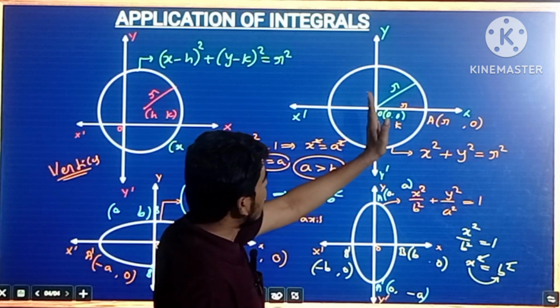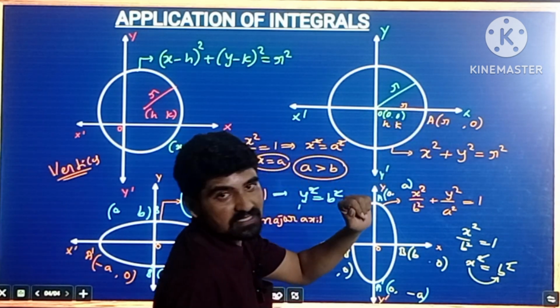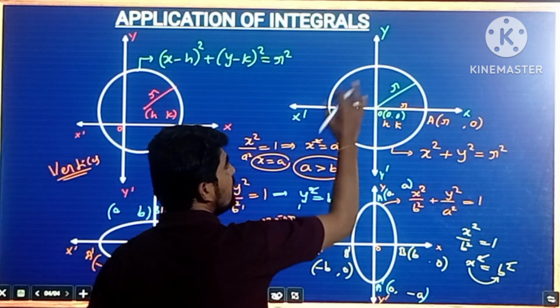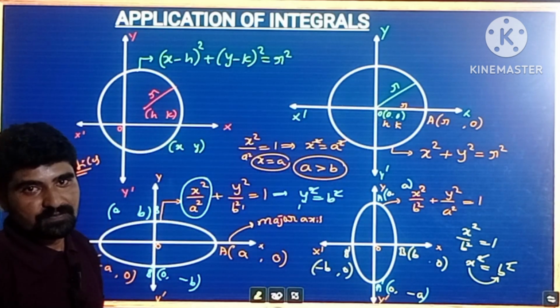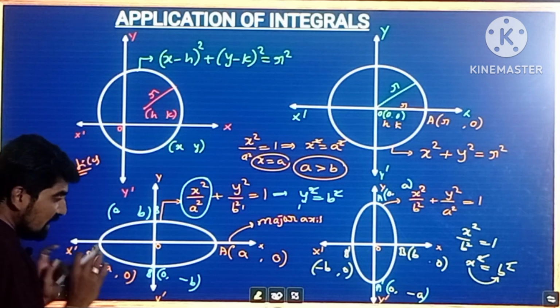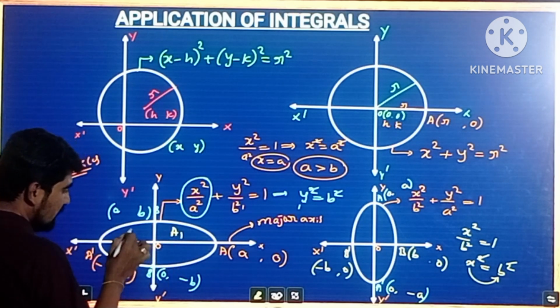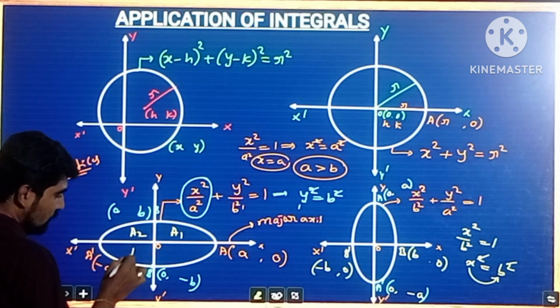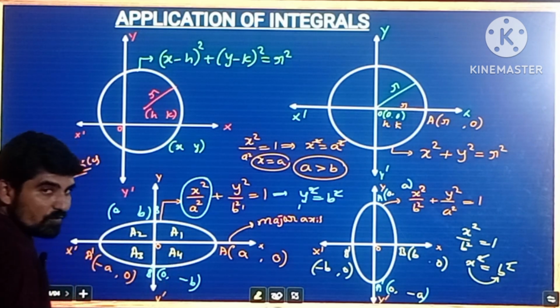And similarly, the area bounded by this circle to the right side of the y-axis is equal to the area bounded by this circle to the left side of the y-axis. And similarly, in the ellipse also, the same thing. Area in the first quadrant A1, area in the second quadrant A2, area in the third quadrant A3, area in the fourth quadrant A4.